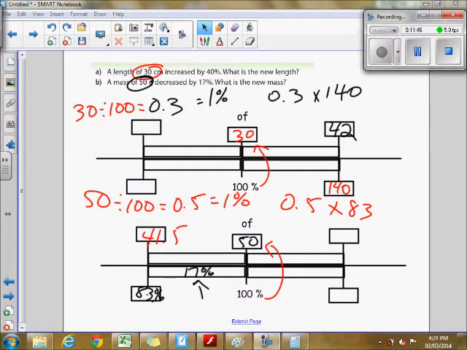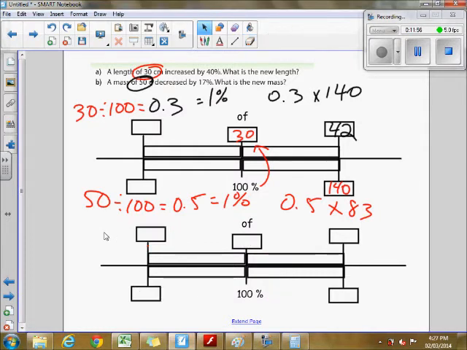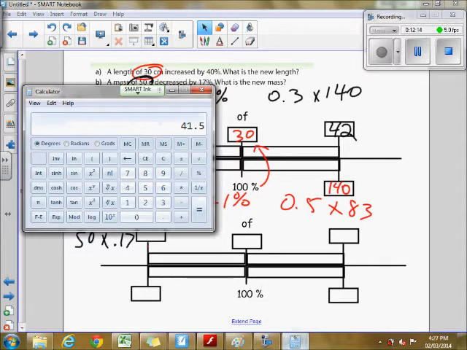I'll explore another way to solve this question, B specifically. If you look at mass of 50 is decreased by 17%, we can multiply 50 times decimal 17. 17% is equal to decimal 17. If I take my calculator out, 50 times decimal 17 is 8.5.